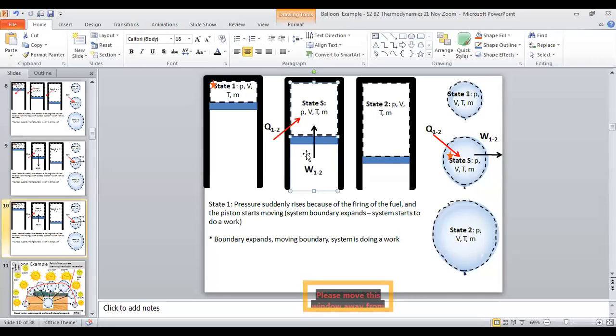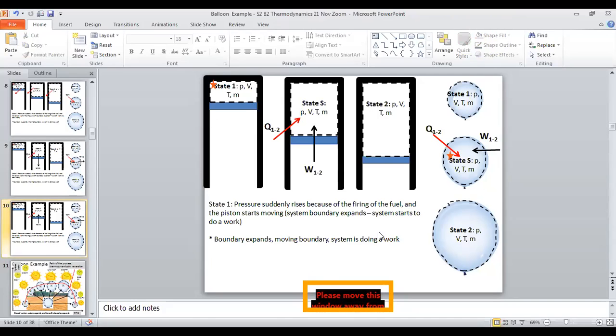So the actual case is outward. So if we take W1,2 this way, the value can be negative. Same way here, W12, you have put it this way because it is towards the system.